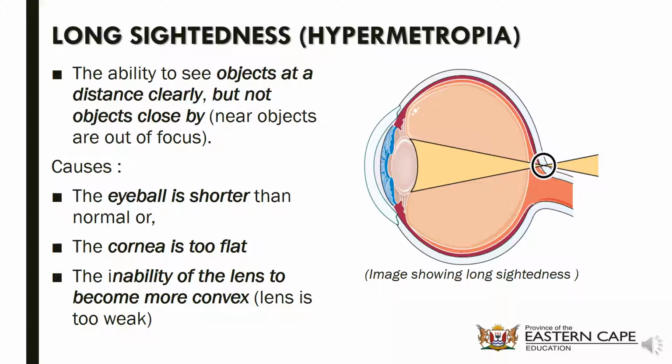So your lens is weak. So what causes long-sightedness? The eyeball is shorter, the cornea is too flat, or your lens has the inability to become more convex. It is too weak.